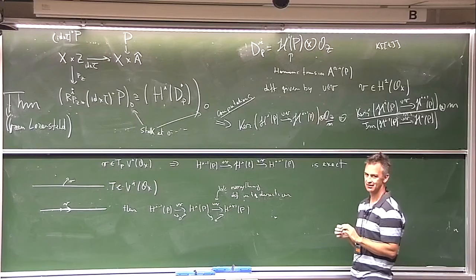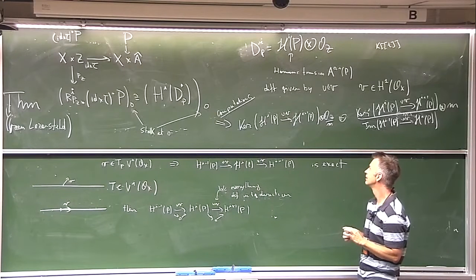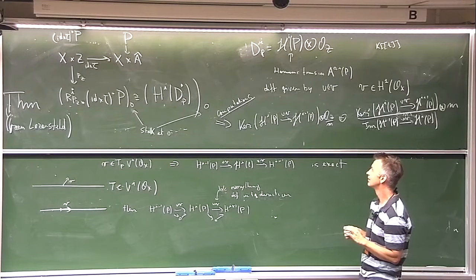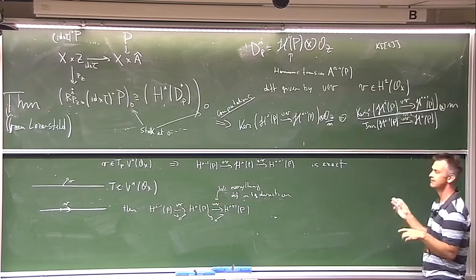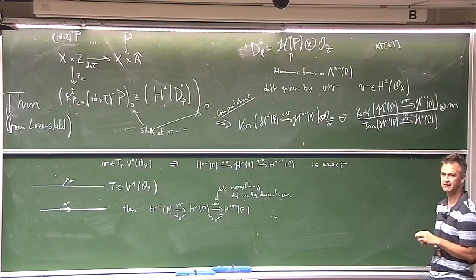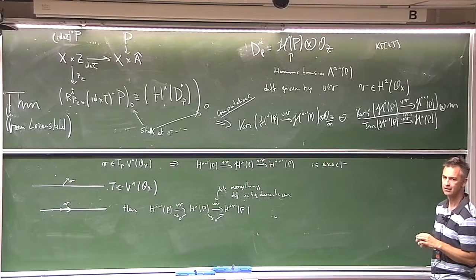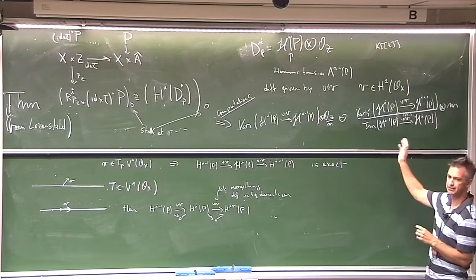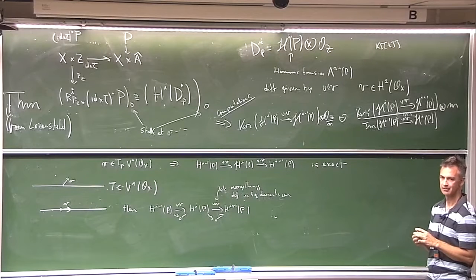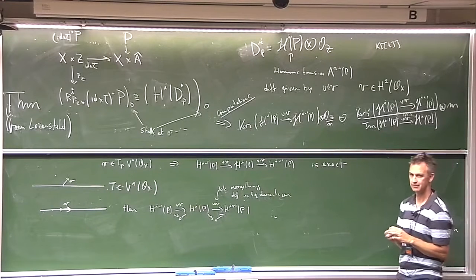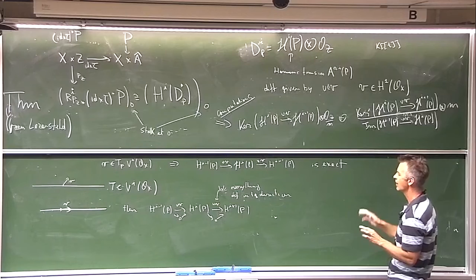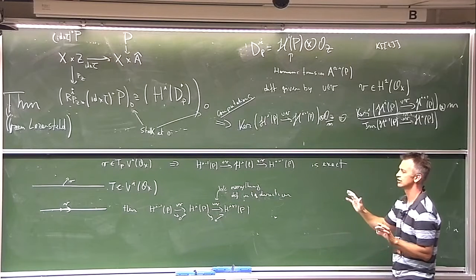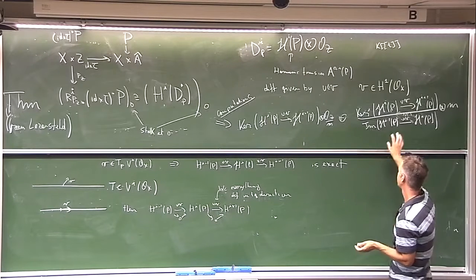So therefore, H^i of D_P^• is equal to this direct sum. As vector spaces, yeah. As C vector spaces, yes. And each graded piece will match up. And the only thing I'm using it for is to tell you that this is the value at the generic point.